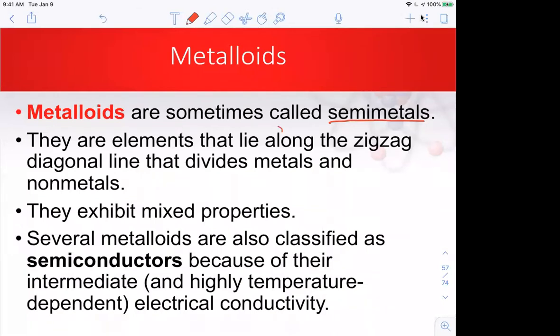They're elements that lie along that zigzag or stair step that divides the metals from the nonmetals. They exhibit mixed properties. Interestingly, several metalloids are also classified as semiconductors, and they're very useful in various industries.